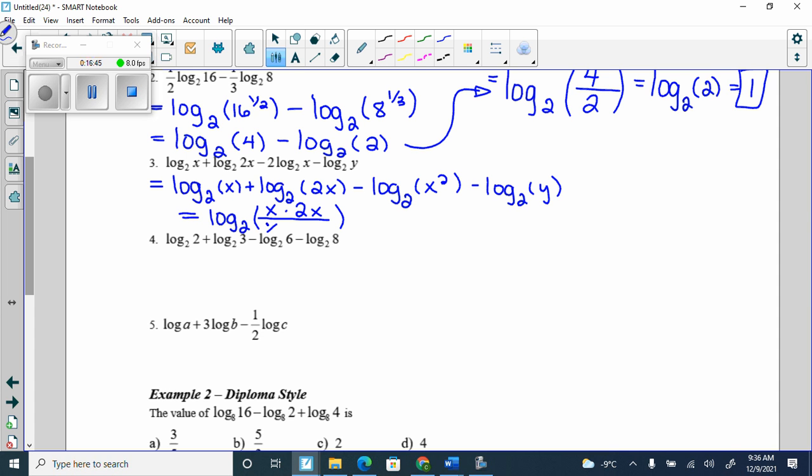X squared goes in the denominator times y. What's x times 2x? 2x squared. The x squareds cancel. And I get log base 2 of 2 over y. Now, just so you know, I'm probably not going to stop here.